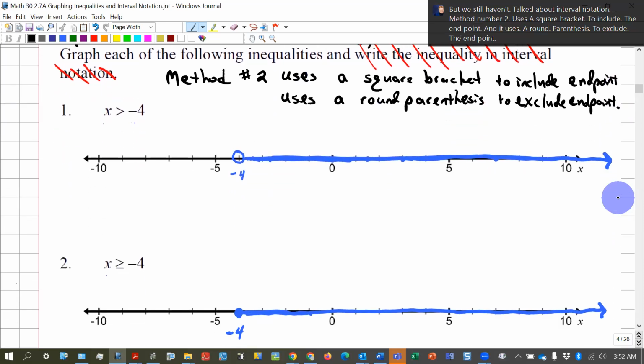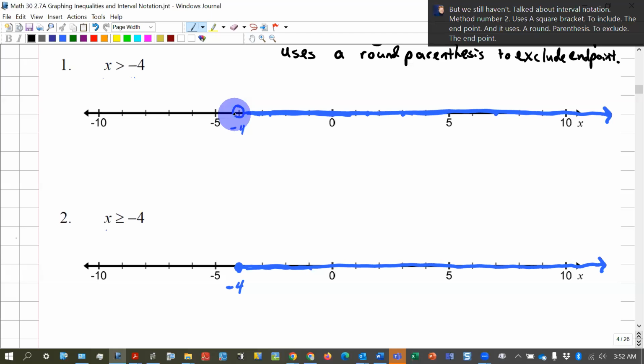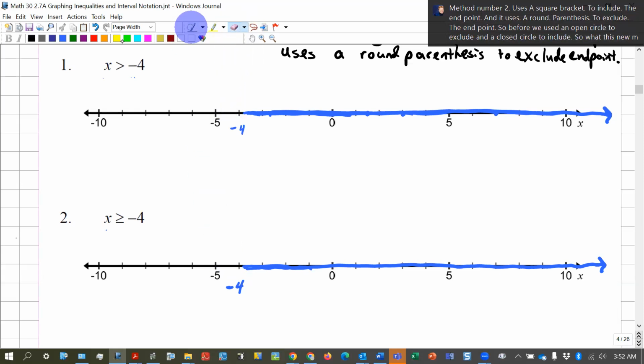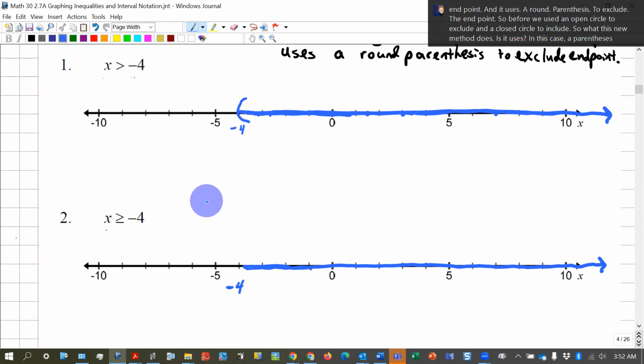So before, we used an open circle to exclude and a closed circle to include. So what this new method does is it uses, in this case, a parentheses to show that -4 is not included. And in problem 2, it uses a bracket to show that -4 is included.